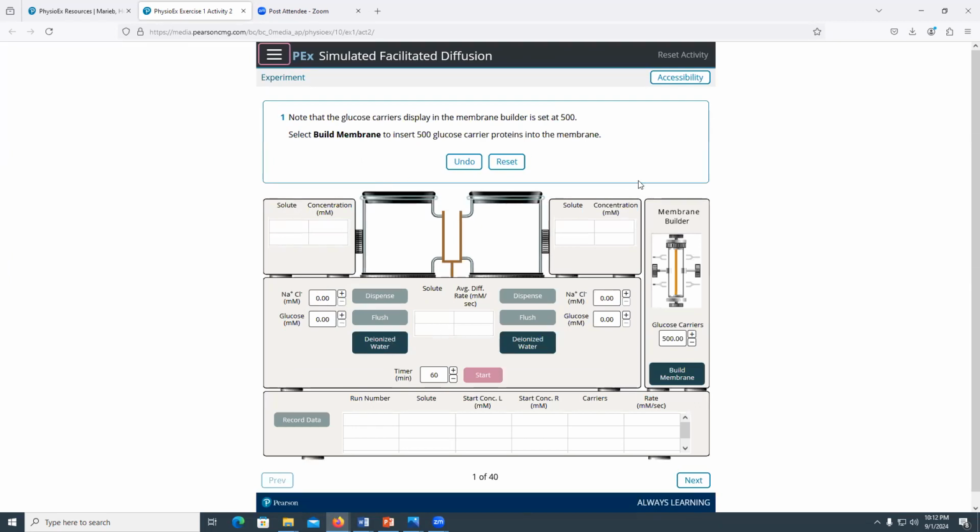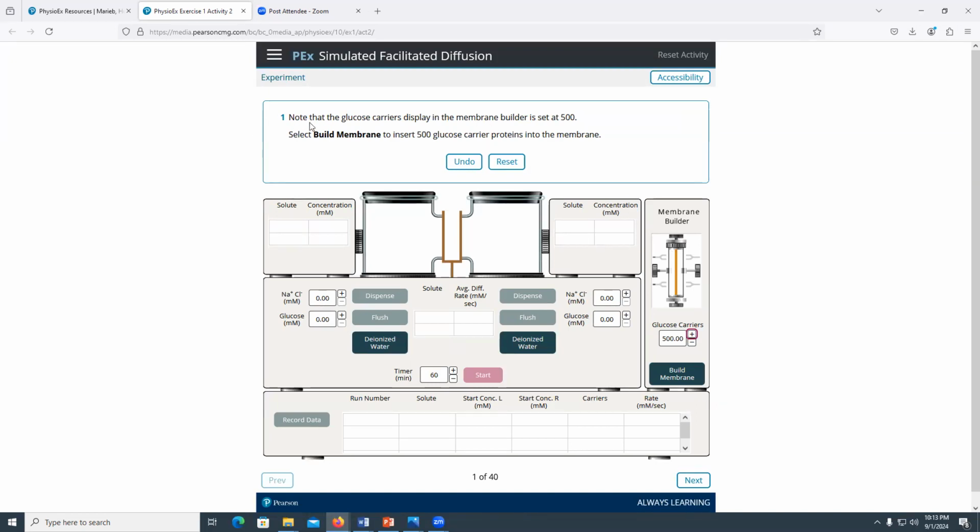Okay, so now this is the membrane builder. Here we can modulate and choose the number of the glucose carriers. When we click build membrane, this membrane is going to have the number that we choose. So now this is 450, that's 500. When we click build membrane, there's going to be 500 glucose carriers here.